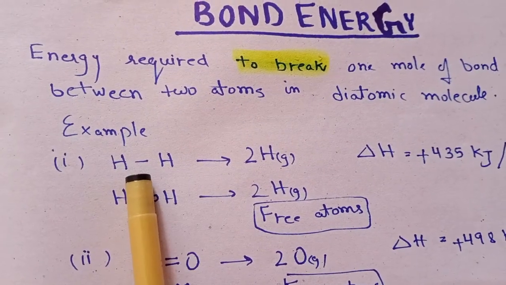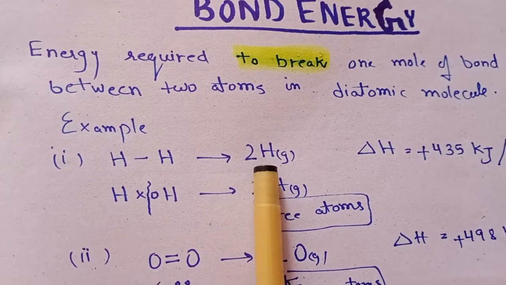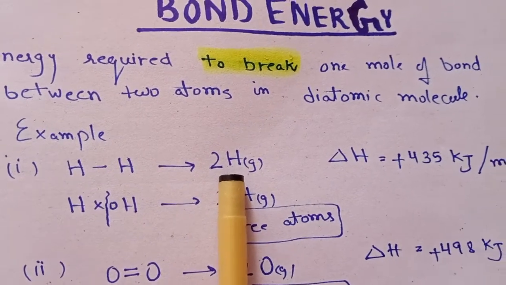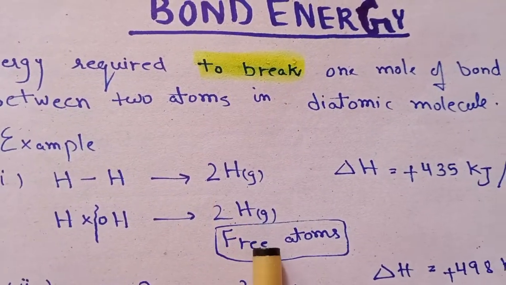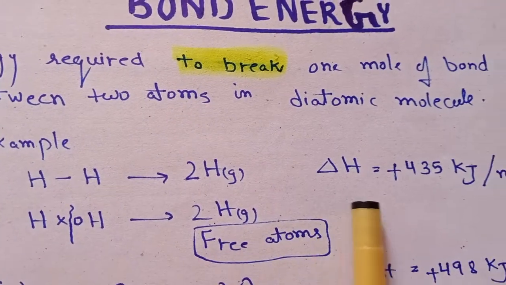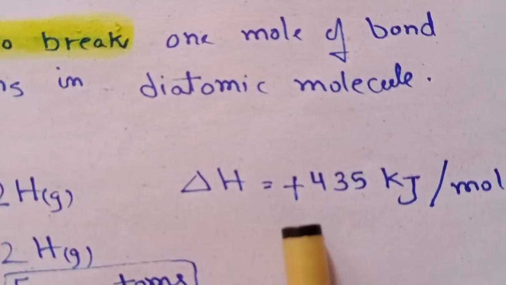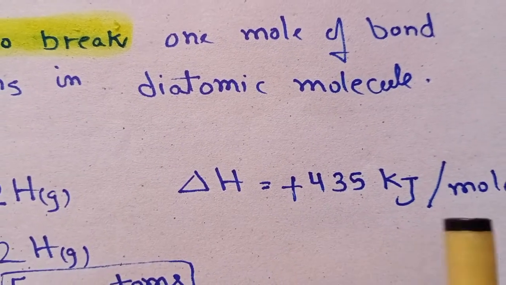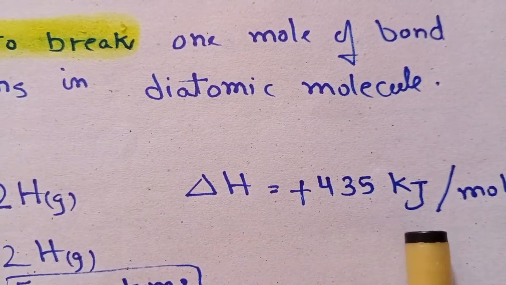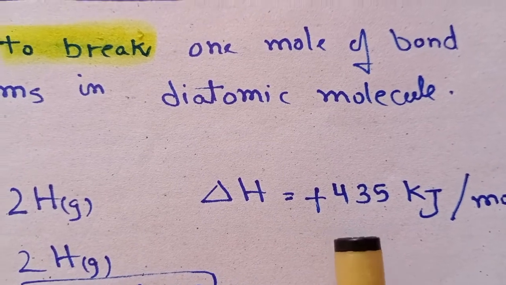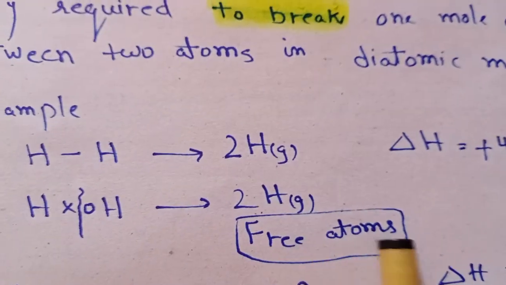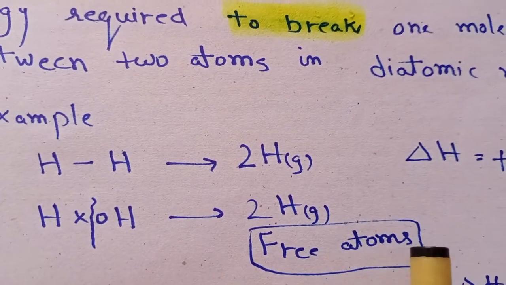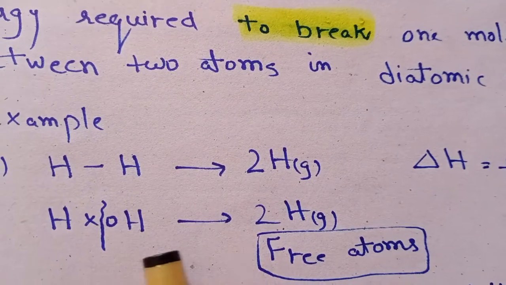Here we have a molecule of hydrogen gas, and to break it into free atoms we need 435 kilojoule per mole. This is the amount of energy required to break 1 mole of hydrogen gas into free atoms, right?